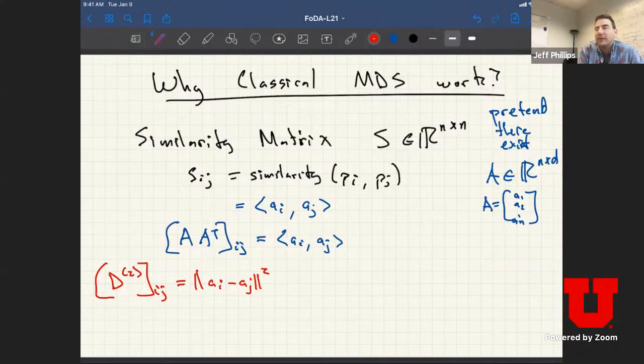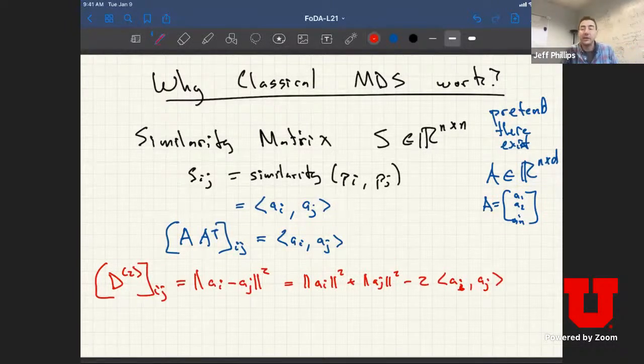Well, if I wanted to get to the dot product, I can expand this. The Euclidean distance, you can expand the same way you would for scalars. This is equal to the norm of A_i squared plus the norm of A_j squared minus 2 times the inner product of A_i and A_j.